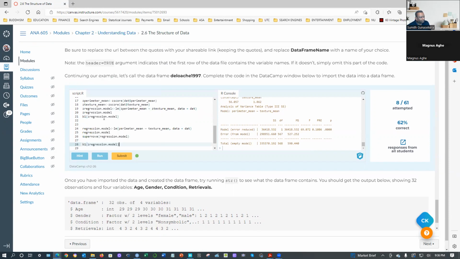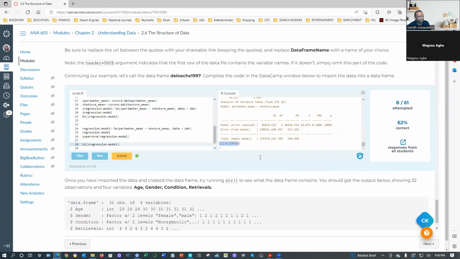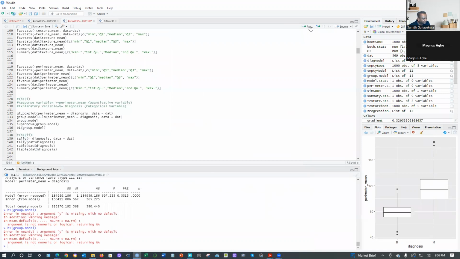It shows all of them. See, it gives a value, but here it doesn't. One more time. See, Y is missing with no default. Why? Okay, that's okay.